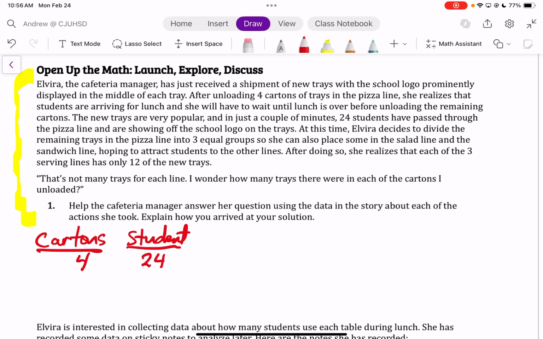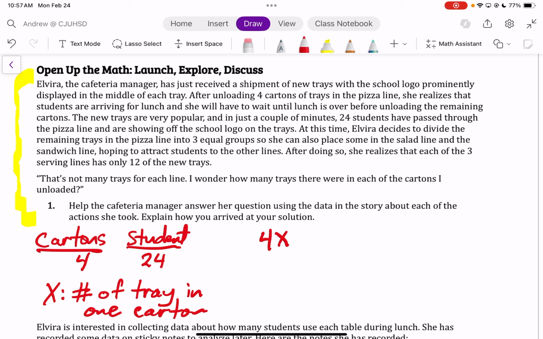What we don't know in this story, and that's what we're going to label with X, is the number of trays in one carton. One carton. So then 4 times X becomes the number of trays in 4 cartons. Now remember, 24 students took a tray out of there. So that's reduced out of there.